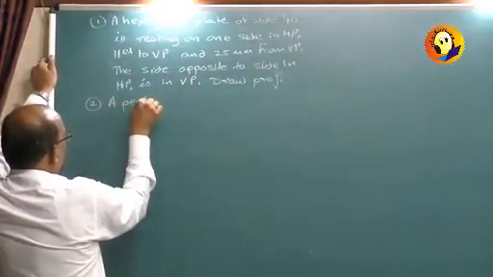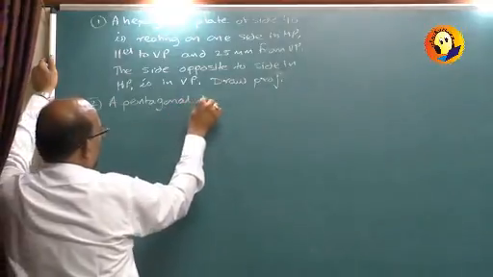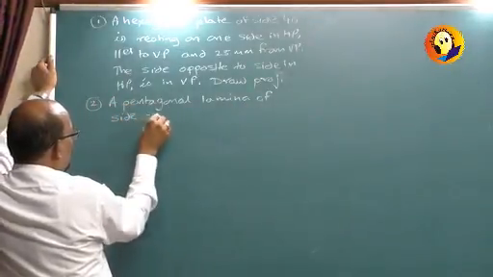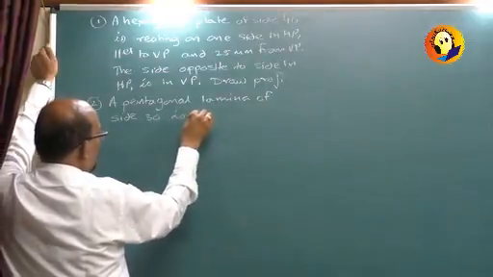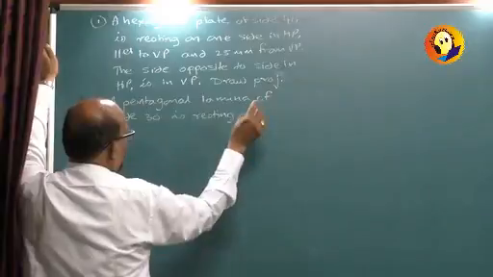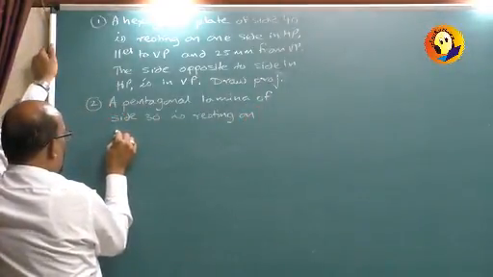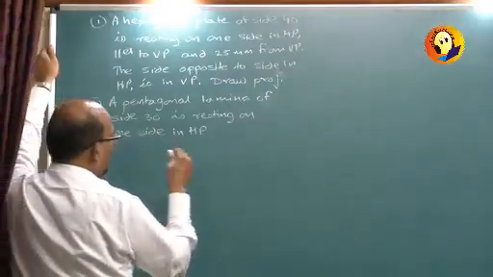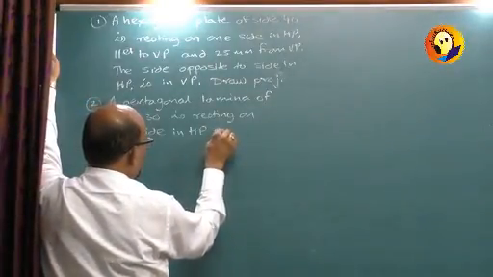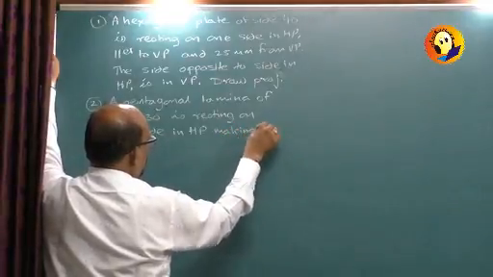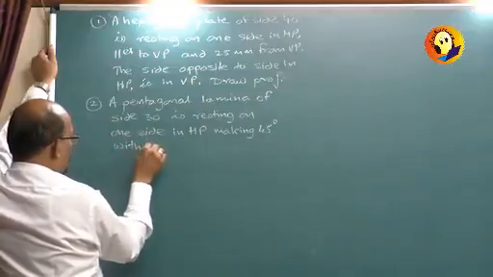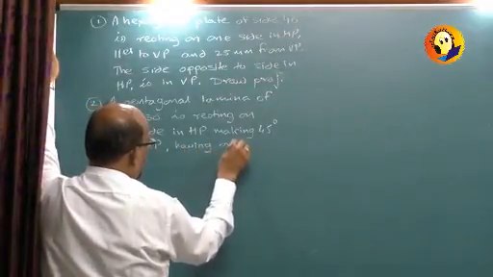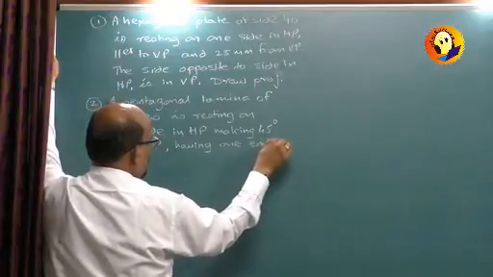a pentagonal lamina of side 30 is resting on one side in HP, making 45 degrees with VP, having one end in VP.